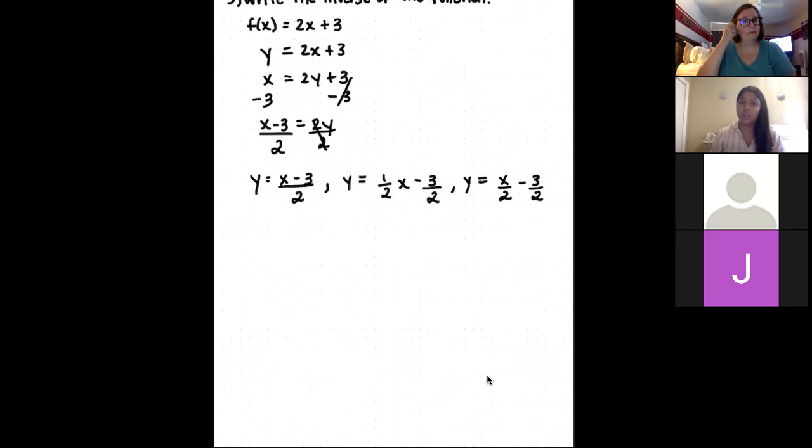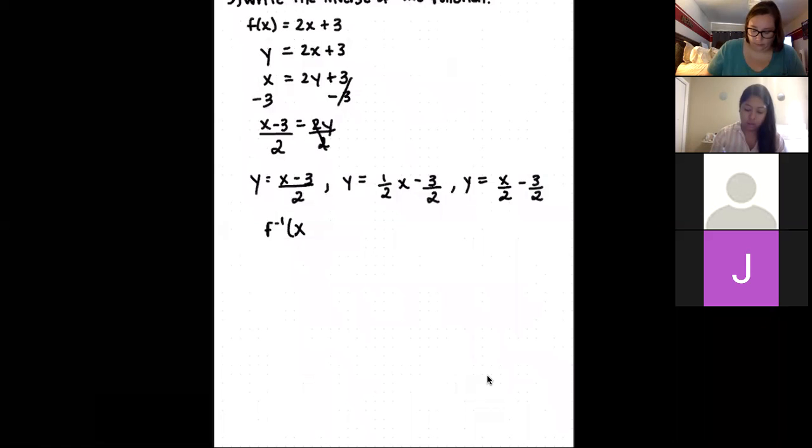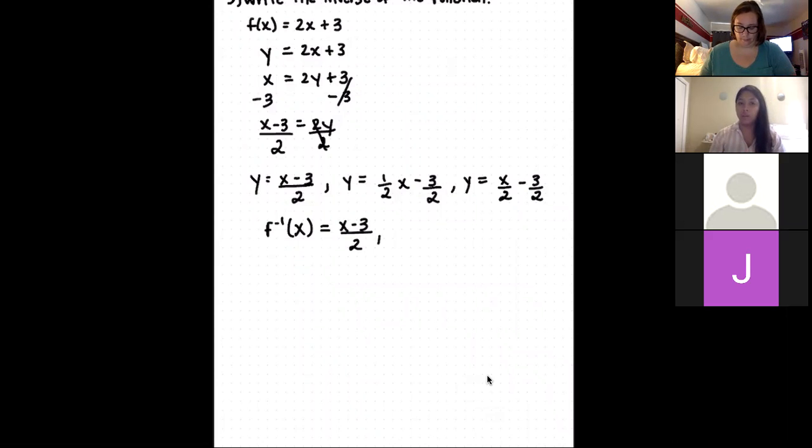But this is not the final answer and the right answer, okay? The only thing I'm missing is to write it with my inverse function notation. So that would be this right here. Or all of the above, okay? But you do have to have this part right here. If you leave it with the y, it's going to be wrong.